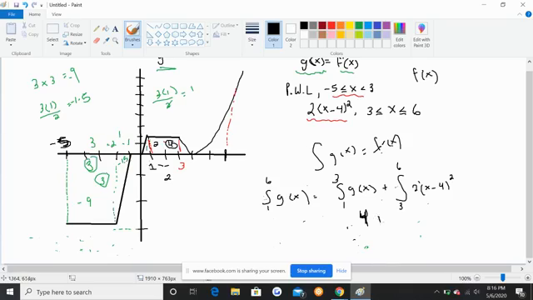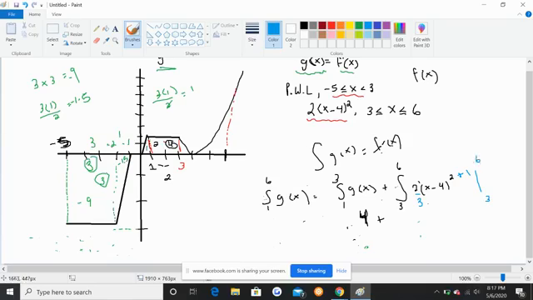Plus, now here's where we have to do more calculus. So now we want to find the integral from the boundary 3 to 6 of 2 times (x minus 4) to the second power. Of course, we know how to take an antiderivative, so we do this divided by 3, from 3 to 6, right?